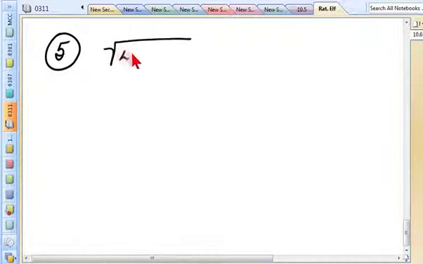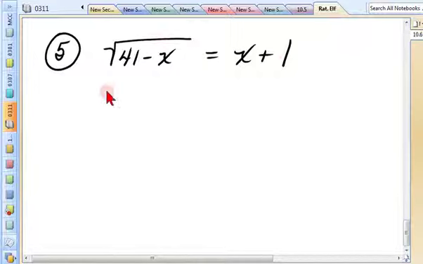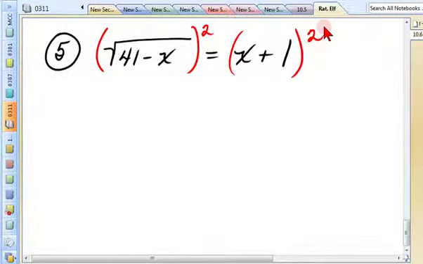I have the square root of 41 minus x is equal to x plus 1. Is the radical isolated? Yes. Okay, so I'm going to square the left side and square the right side. The left side, when I square the square root, the radicand pops out, 41 minus x.